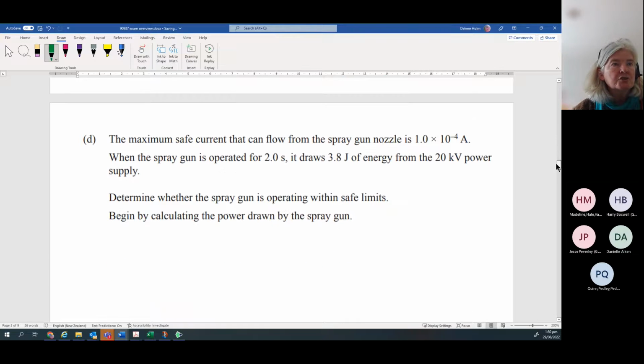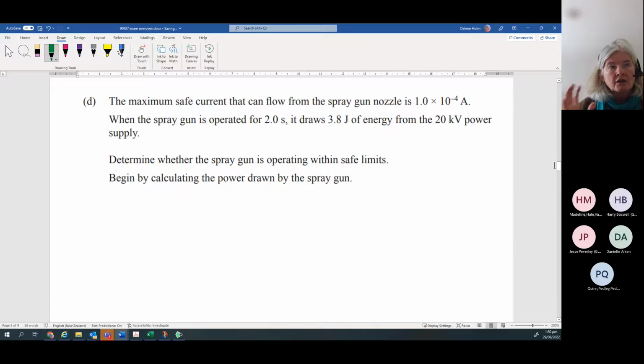Okay, now we get to our calculation, and we know it's a calculation because they tell you. They tell you what to calculate first: you calculate P. That's why I say know what the quantity is and the symbol. Hopefully you can see that that is A, so we know that this is current, because current, which has the symbol I, is measured in amperes.